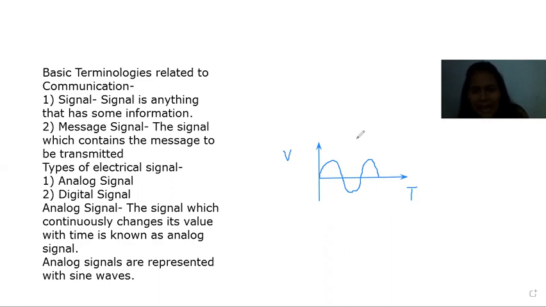So this is a sine wave, and we represent the analog signals by using sine waves. So we can say that it is an analog signal.